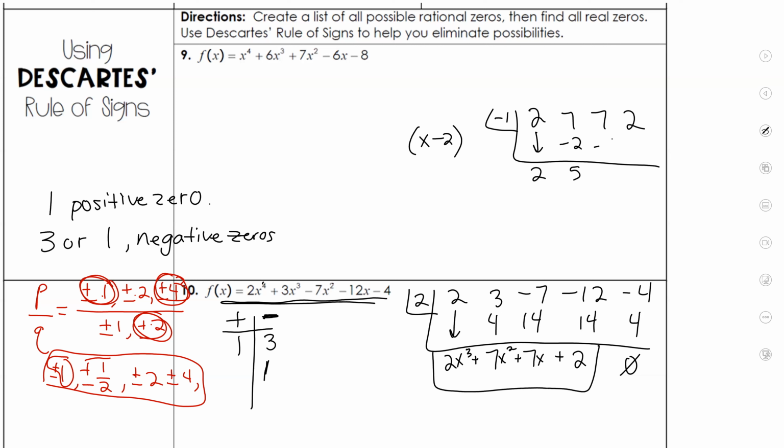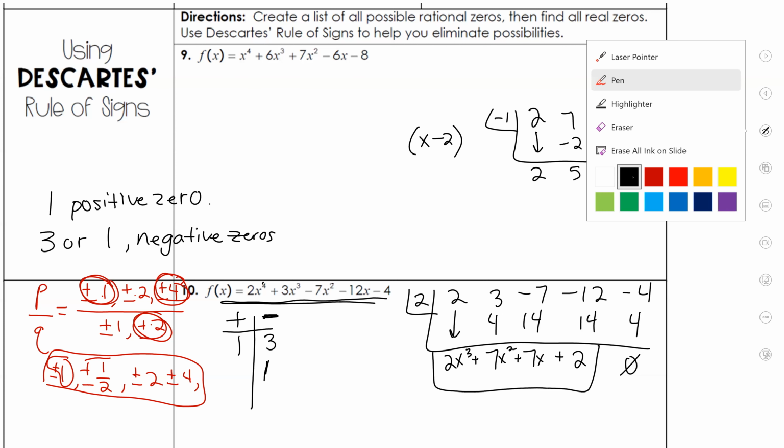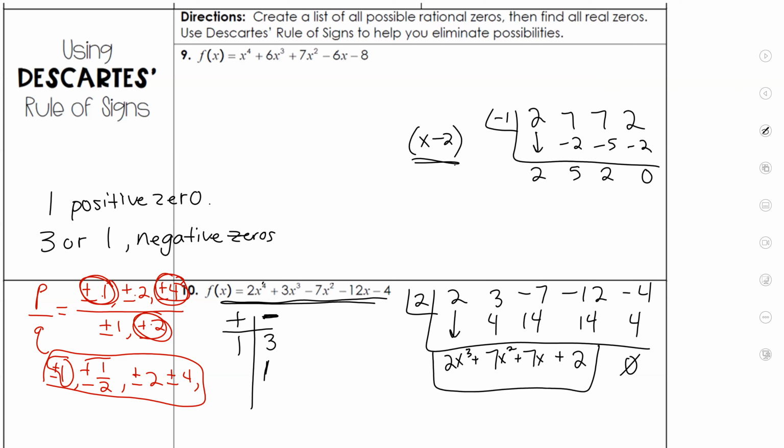This is 5, -5, 2, -2. Perfect, we got 0. So that means I already have x minus 2 as one of my factors. Now I know that x plus 1 is a factor. And let's write down what this is. This is 2x squared plus 5x plus 2.